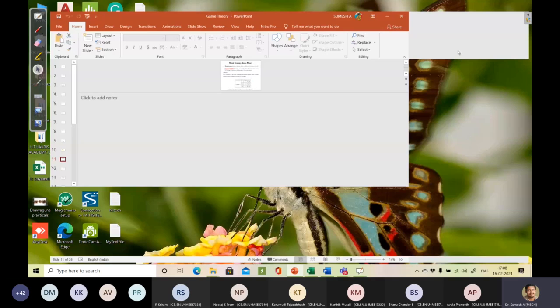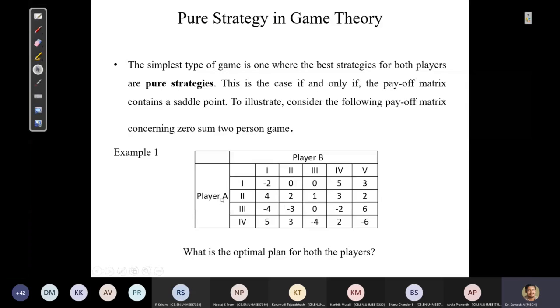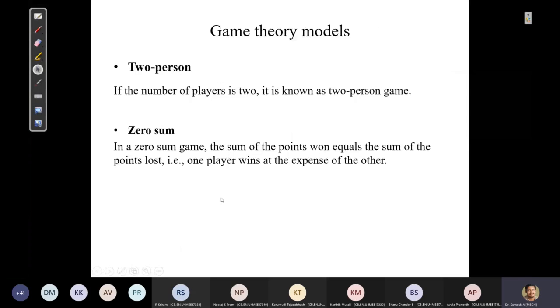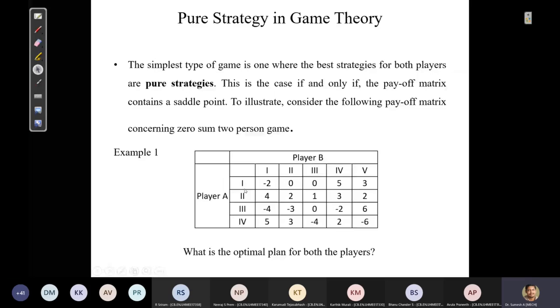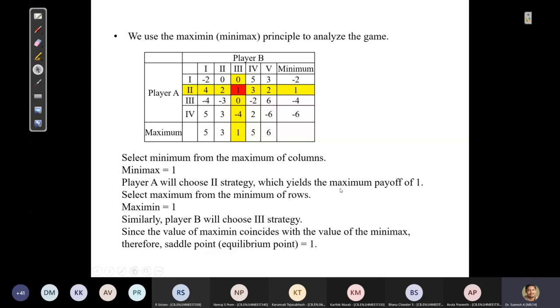So this is what we have seen: two-person zero sum games, then the pure strategies, the minimax and maximin. We got the saddle point and the value of the game, which we already solved. Mixed strategy we have also discussed, and we'll come to the details later.